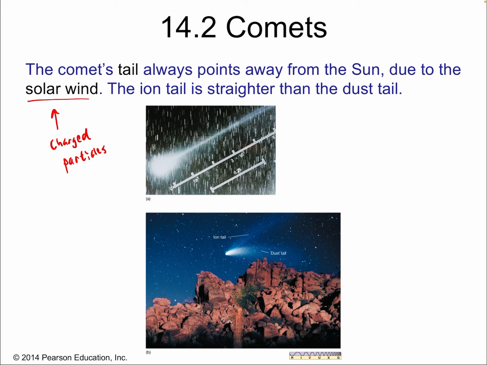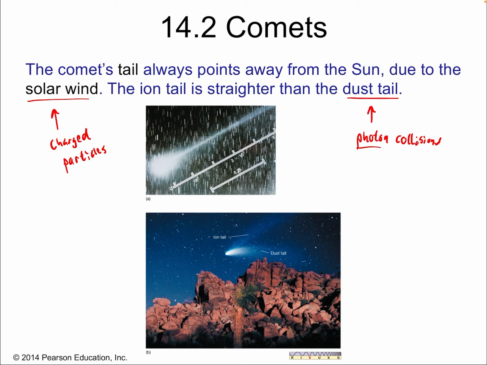Now the dust tail, on the other hand, isn't ionized. Those particles are neutral, all right, they're ionically neutral, and so they're being pushed away from the sun, not by the solar wind, but actually being pushed by photon collisions. So photon collisions, because individual particles of light, known as photons, actually carry momentum, but it's a very small amount of momentum, thus it's a smaller push.